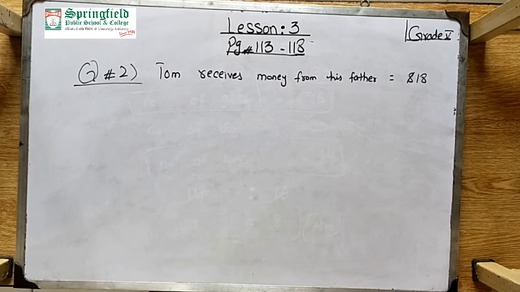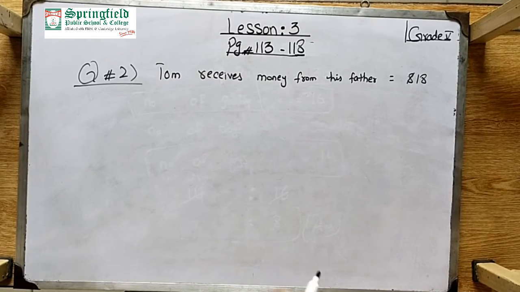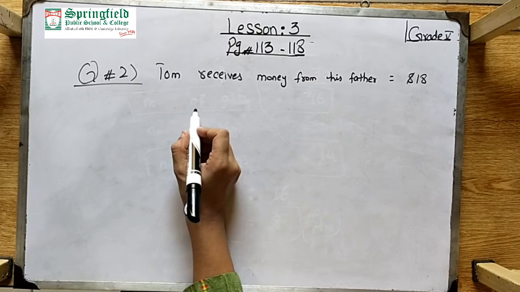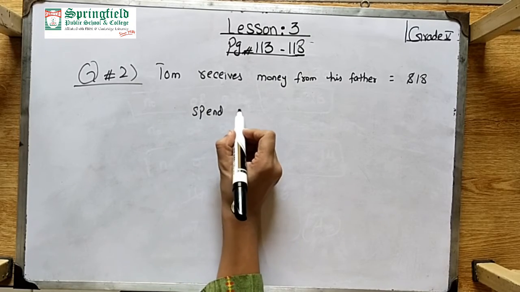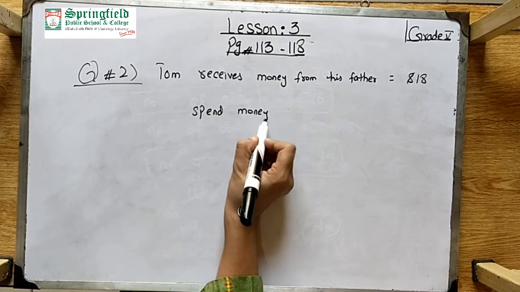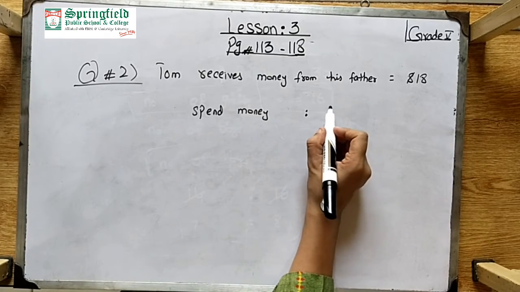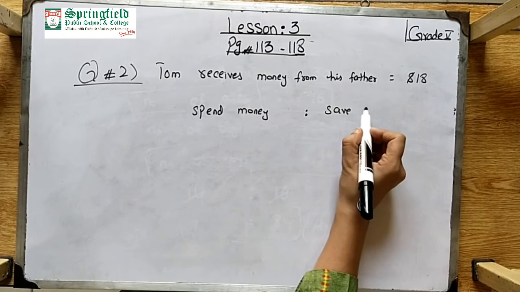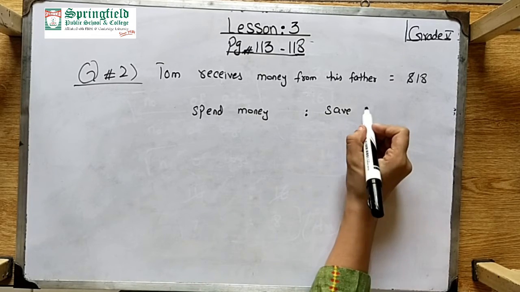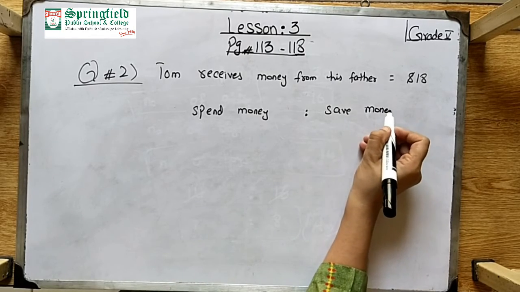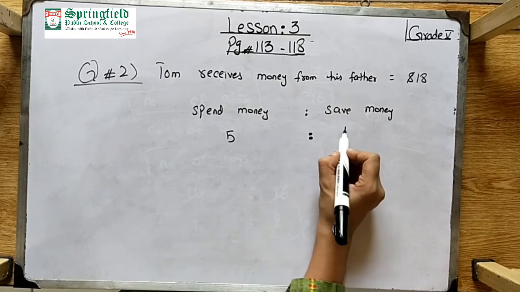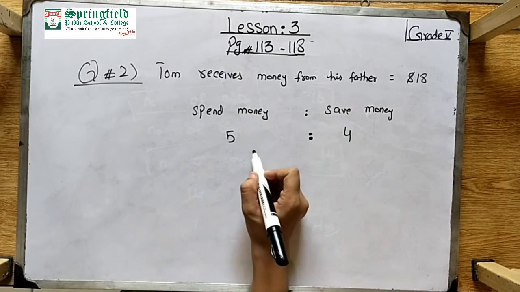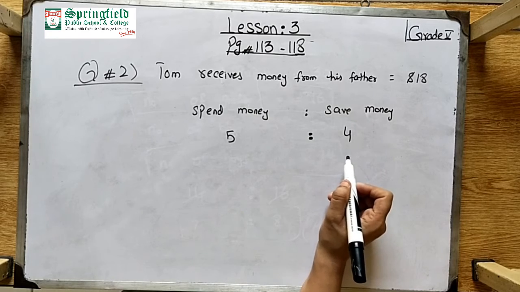And now they are saying the given ratio of spend money to save money is 5:4. It means 5 is the spend money ratio and 4 is the save money ratio.